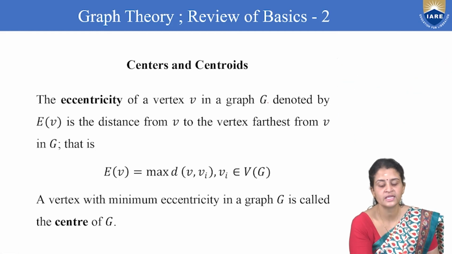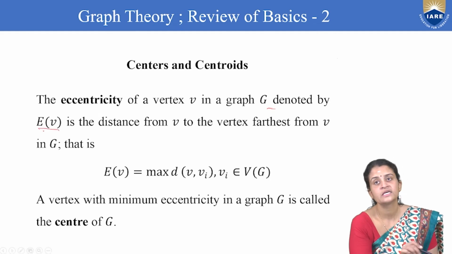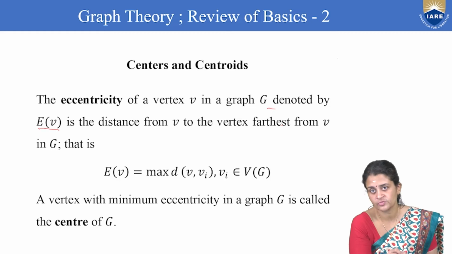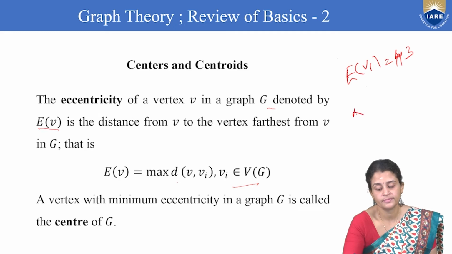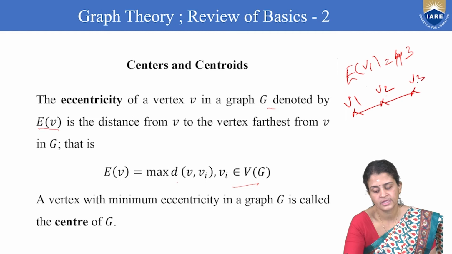Now we will see what eccentricity is. The eccentricity of a vertex V in a graph G, denoted by E of V, is the distance from V to the vertex farthest from it. So the eccentricity of V is the maximum of the distance between V and Vi, where Vi is any other vertex in the vertex set of G. Here, E of V1 equals 3, because the distances from V1 to V2, V3, V4 are 1, 2, 3, and 3 is the maximum.